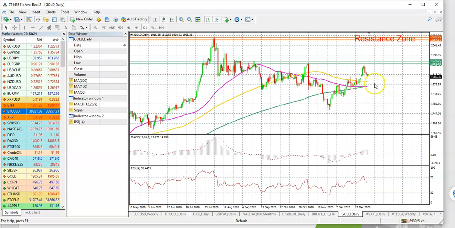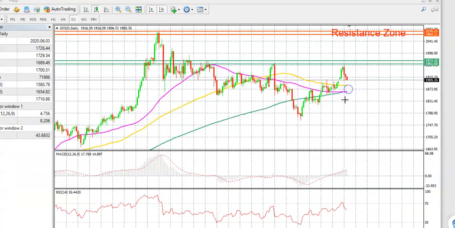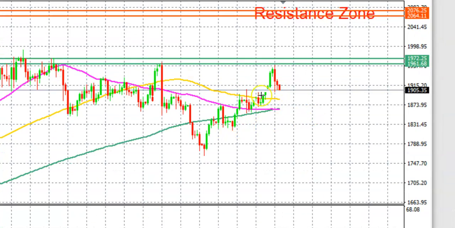Now, clearly, the price broke above these moving averages right around this price level. Initially, it broke the 200-day simple moving average over here, which was the first indication that the trend is changing and we are likely to see a bull rally, which we did, because price went from below 1873 all the way to 1961.